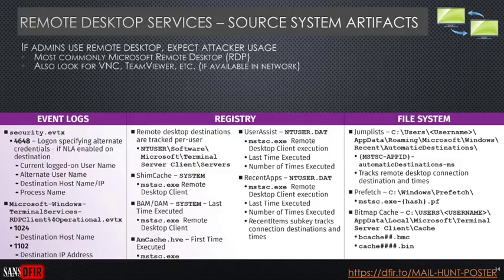Now, one of the really fascinating things on the registry and file system side is that between the RecentApps registry key and the jump list, you actually can independently identify the systems that they remoted into by looking at the recent items and recent apps, as well as the jump lists, which are going to detail the actual IP addresses or system names that they remoted into.